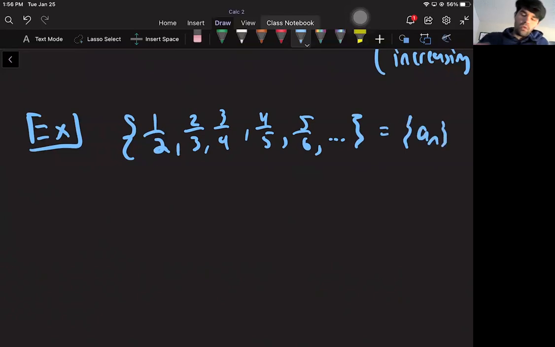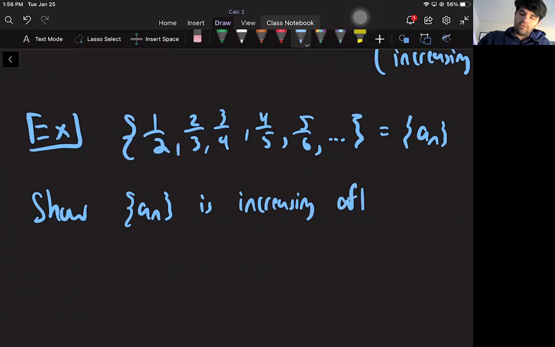So let's show that A_n is increasing after, but we don't know specifically what capital N is. So maybe I'll put a question mark there, but we're going to figure it out as we show it's increasing.